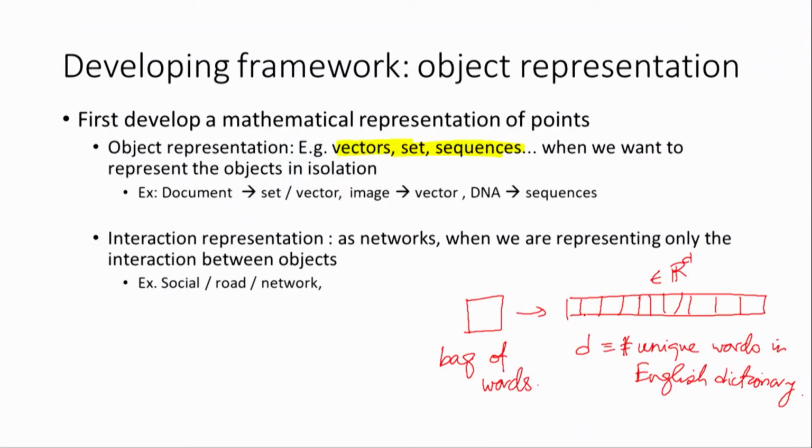This is known as the interaction representation. And this is where we need to go from a collection of objects to notions of graphs, hypergraphs, weighted graphs, whatever you want to call them. And we'll touch upon some of these.